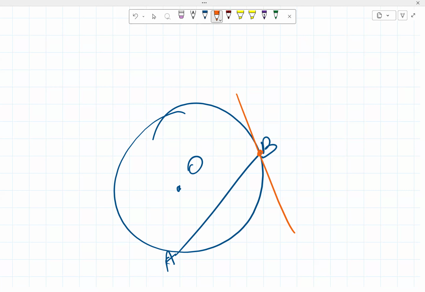So if the tangent at A meets chord AB, then the angle between the tangent and the chord AB is angle ACB. Let's say this is C, because C is on the circle in the opposite segment.